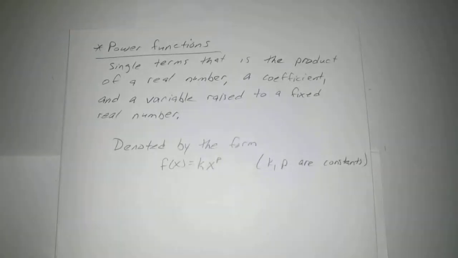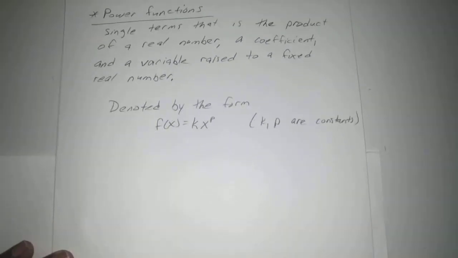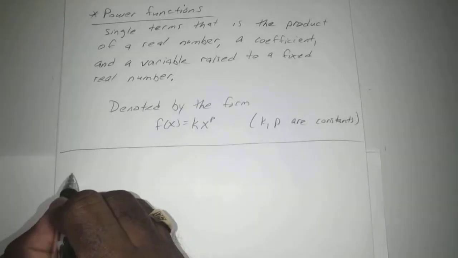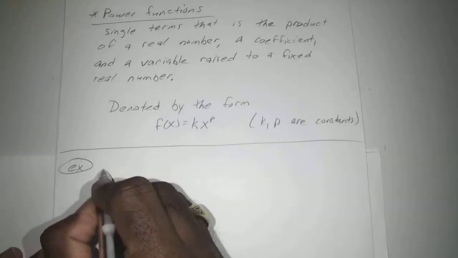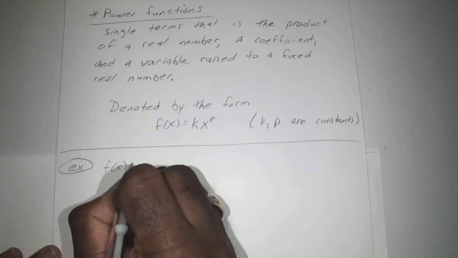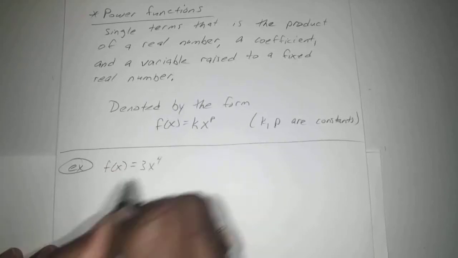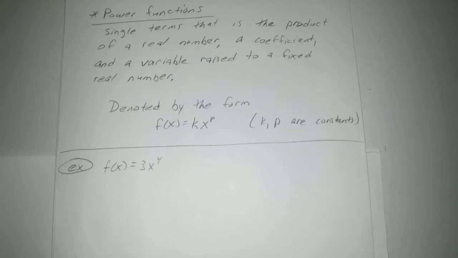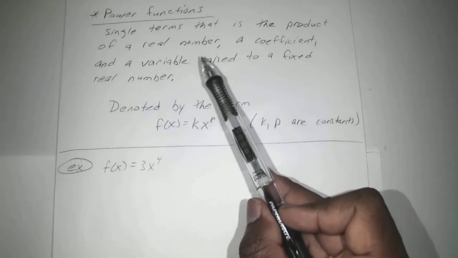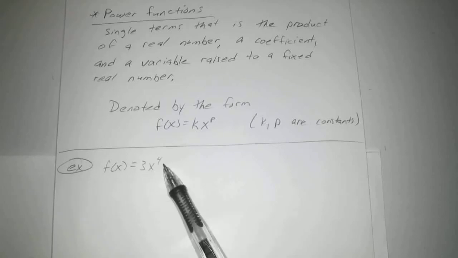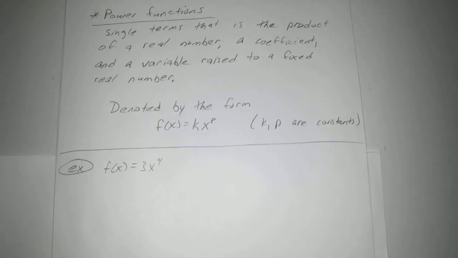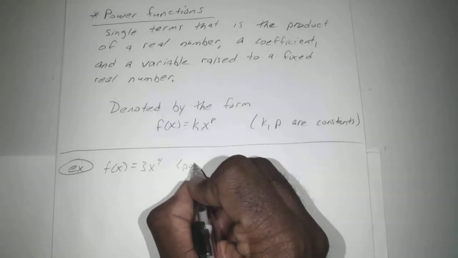Okay, so for example, if you have f of x equals 3x to the fourth power, it's one term. You have the product of a real number, a coefficient, and a variable raised to a fixed real number. So this is a power function.